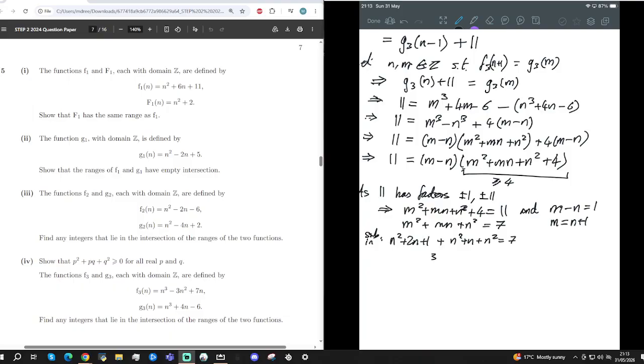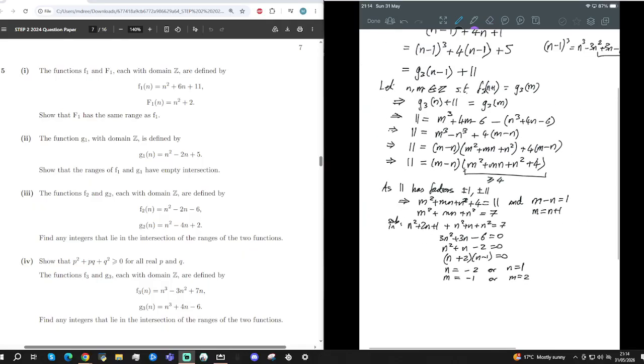And if we simplify that, we've got 3n squared plus 3n minus 6. This can be simplified down. So we get n plus 2, n minus 1. So n is negative 2, or n equals 1, with corresponding solutions m is negative 1, or m is 2.